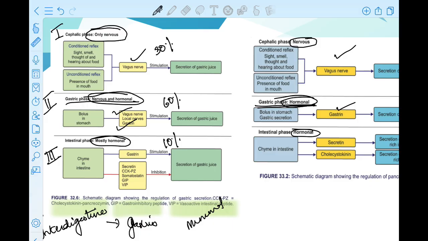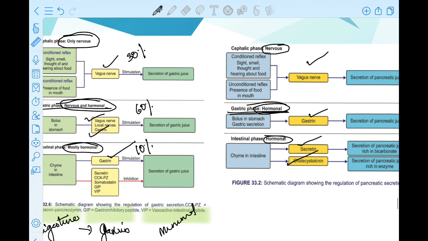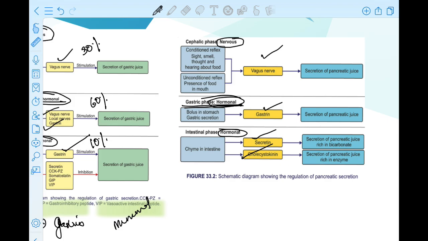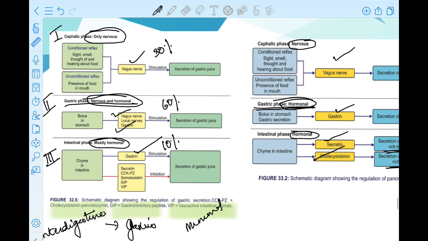And when you come to the intestinal phase, since it is mostly hormonal, we had mostly the functioning of gastrin. But here in the intestinal phase, we had more of secretin and cholecystokinin. So secretin will help in secretion of pancreatic juice, which is rich in bicarbonate, and cholecystokinin helps in secretion of pancreatic juice, which is rich in enzymes. Okay, so that is the difference.